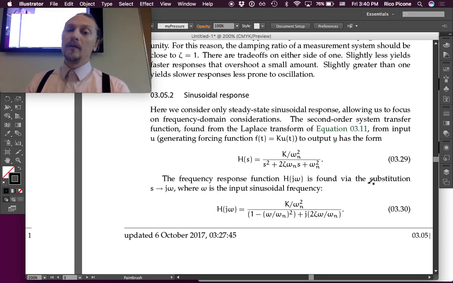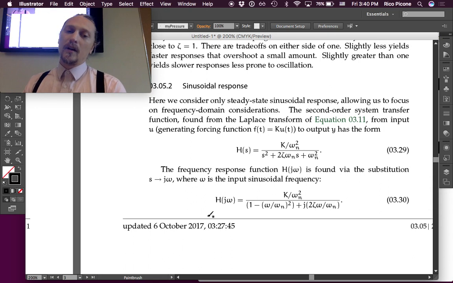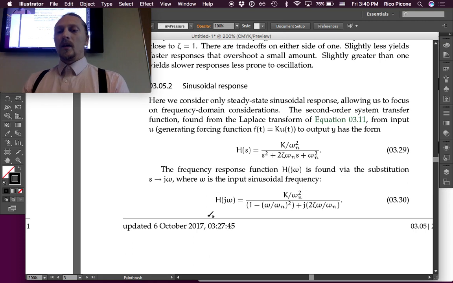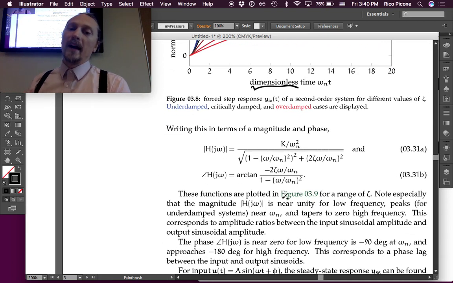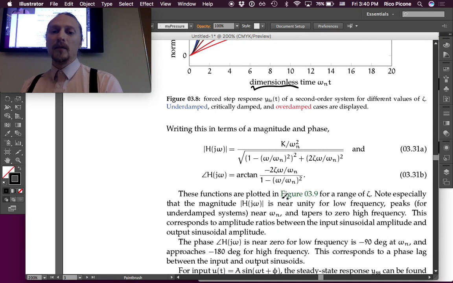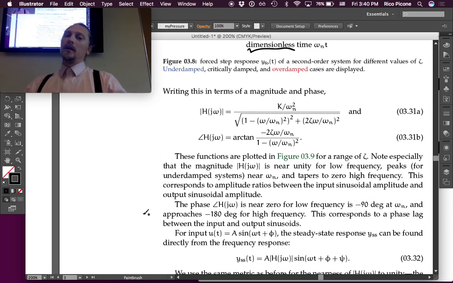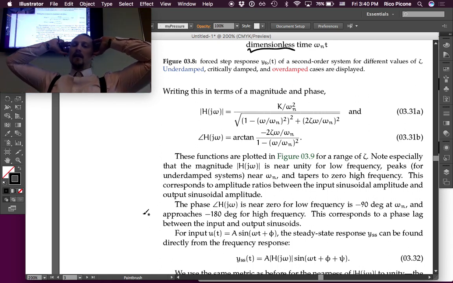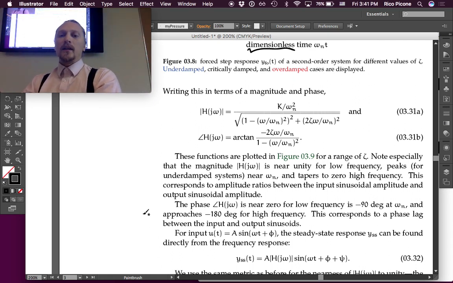So the frequency response function, H of j omega, is found via the substitution s becomes j omega, where omega is the input sinusoidal frequency. I just plugged s equals j omega into this expression, and the magnitude and the phase are the ways that we usually think about this frequency response function, in this polar sense and not in the rectangular sense. These functions are plotted in figure 3.9 for a range of zeta.